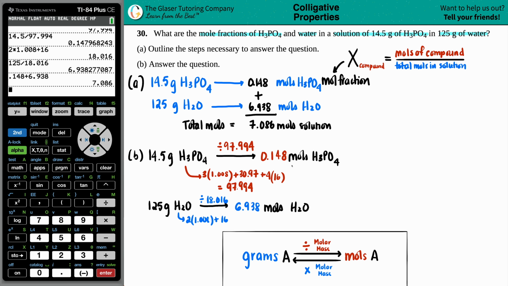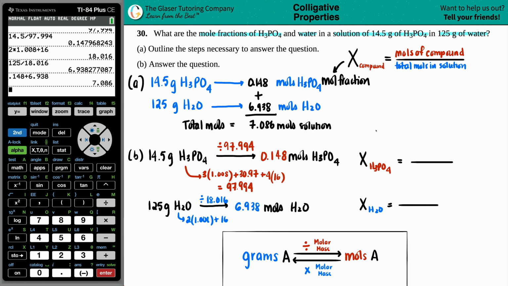So now all we have to do is plug it into the formula, right? We're going to do two separate fractions. We want to find the mole fraction, that's X, of the H3PO4, and then we want to find the mole fraction, X, for H2O. Mole fraction is part over whole.